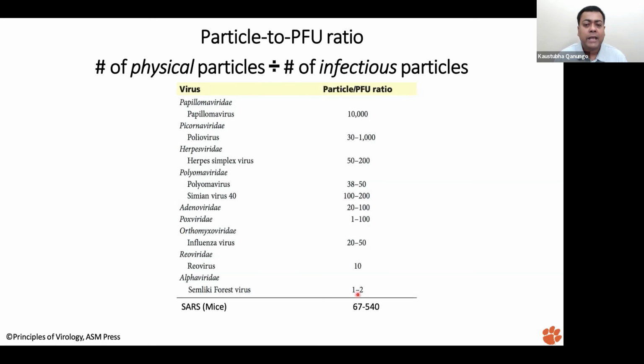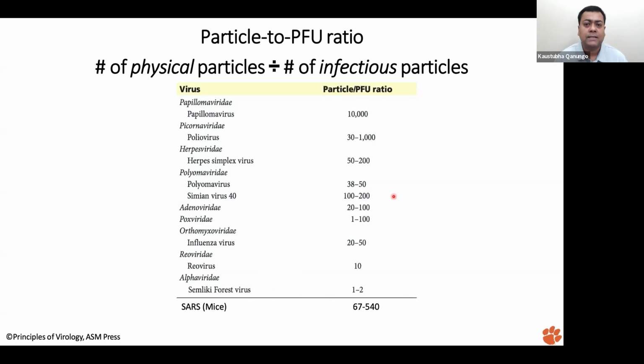That means that if you have 1 million Semliki Forest virus particles, all of them are infectious. Or maybe if it is 2, then 500,000 of them are infectious, which is an astronomical value for most viruses.